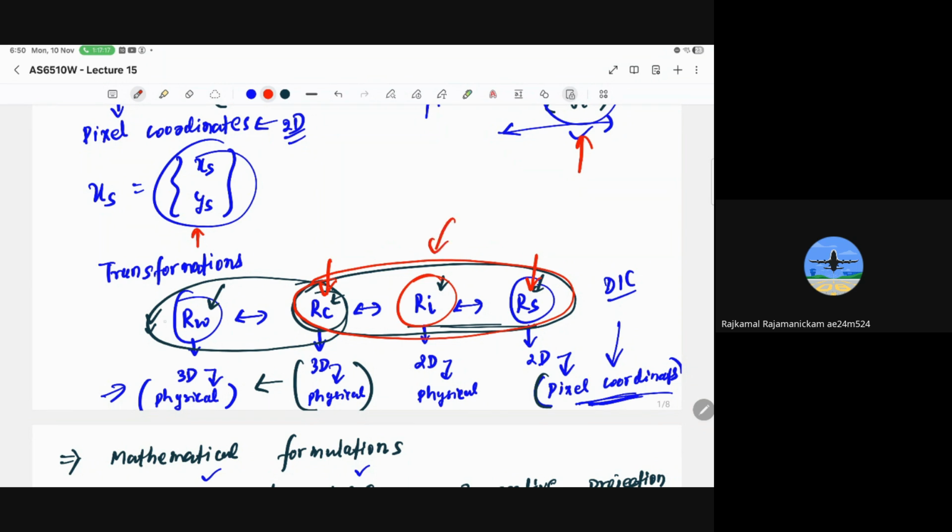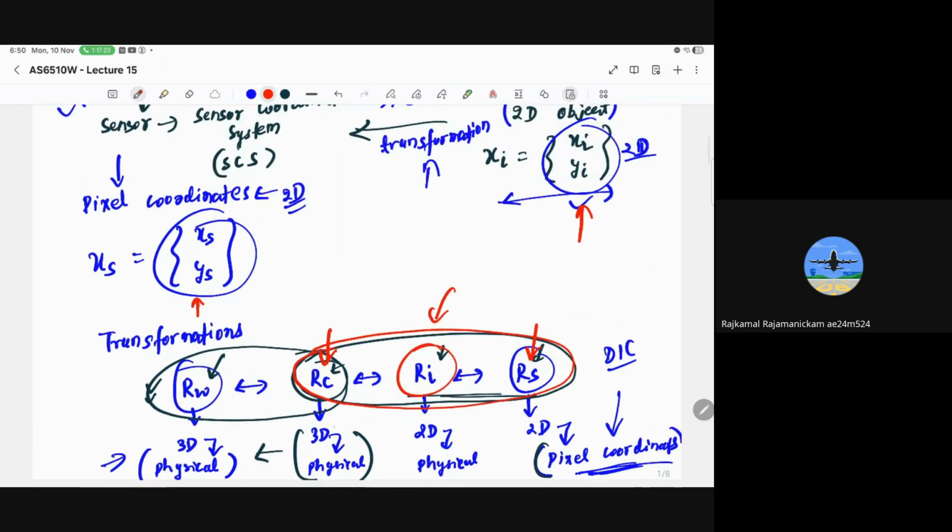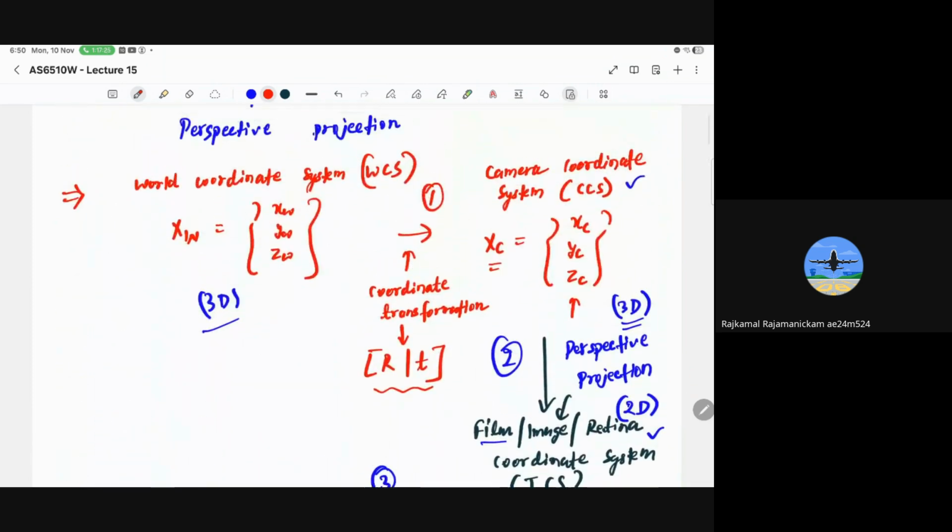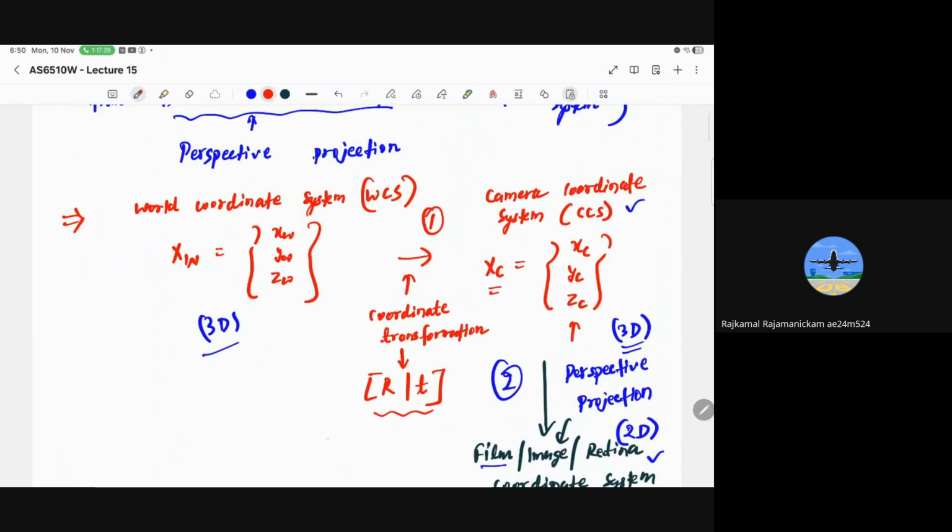Now we have to find the relation between the world coordinate system and the camera coordinate system. Like I mentioned before, this is a simple coordinate transformation, a combination of a rotation matrix and a translation vector.